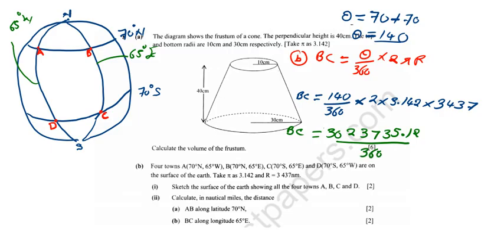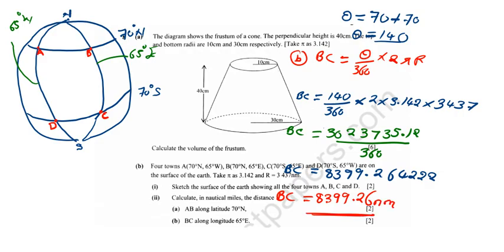When we divide that, we are getting 8399.264222. So we can now round off to two decimal places. Finally, our BC is equal to 8399.26, which is in nautical miles. So that's our answer for this video.